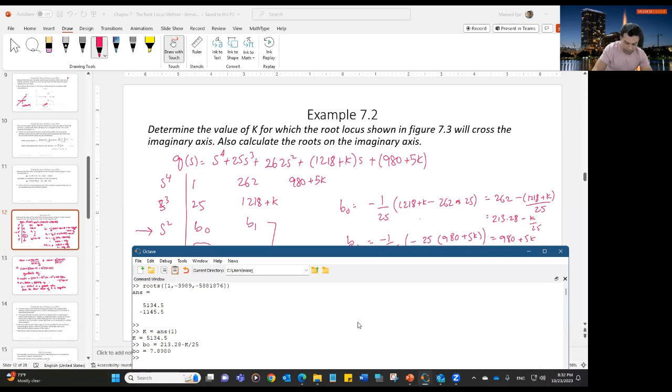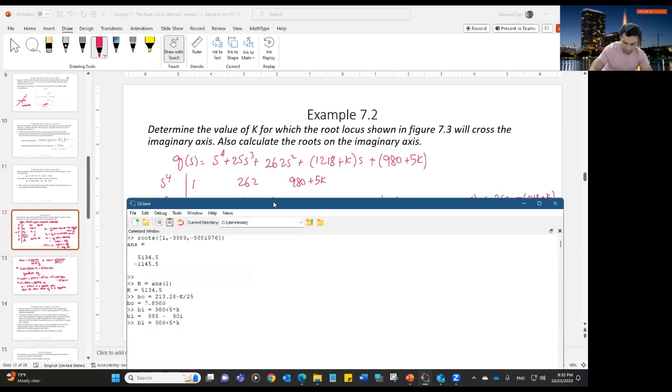And then b1 is 980 plus 5 times... no, oh, it's lowercase k, it's uppercase K. Lowercase k is different. So I have 7.8980 s squared plus 2.6653 exponent 4.